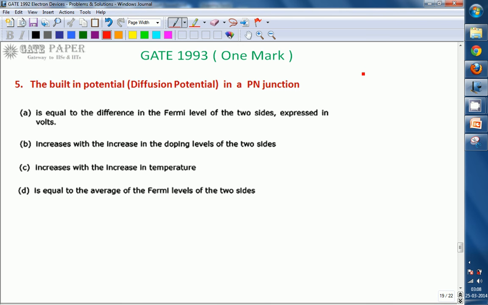Built-in potential can be expressed like this: Vt is equal to kT by q.